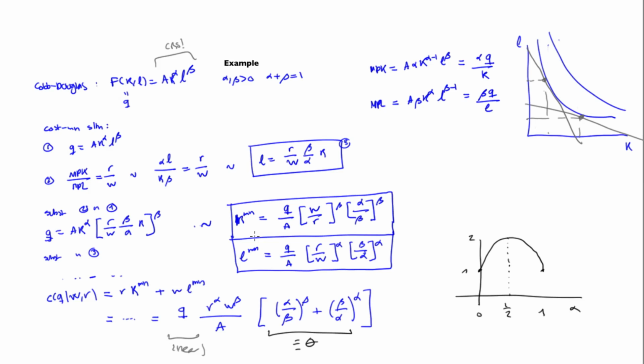You have the same balance of labor and K, the same cost minimizing point, but since the inputs were twice as expensive, the cost should be twice as expensive. And that also follows from the formula. If you multiply R by 2 and W by 2, the 2 filters out with an exponent of alpha plus beta, which is just a 2. So everything makes intuitive sense and has the properties that economically one would expect.